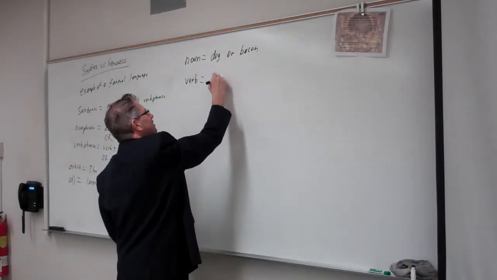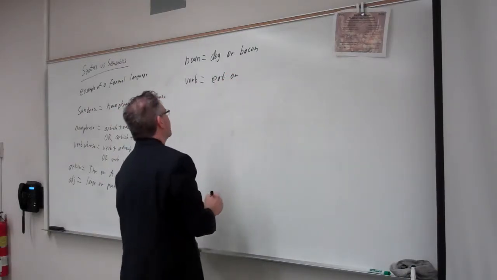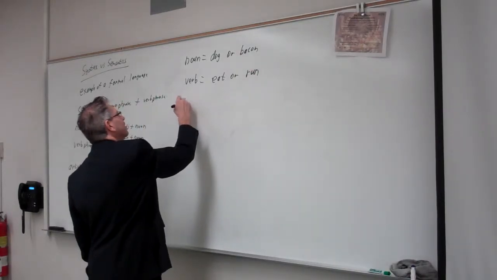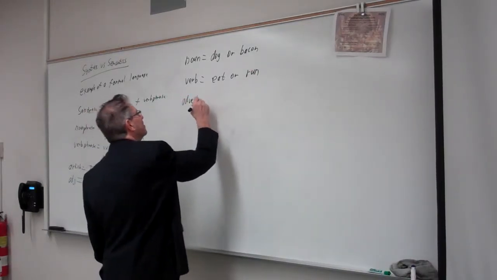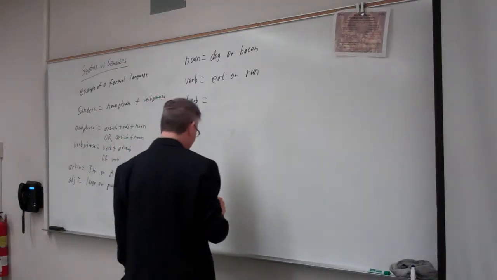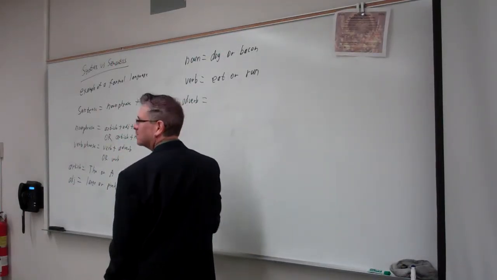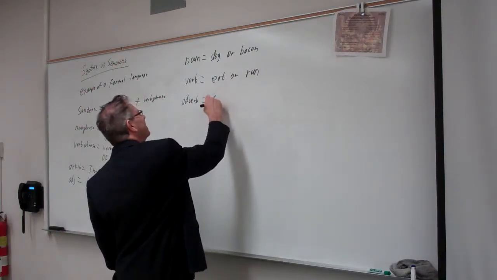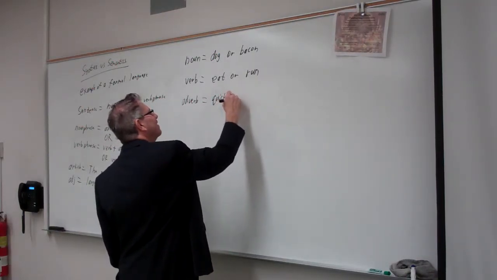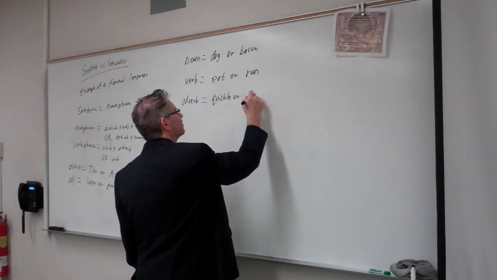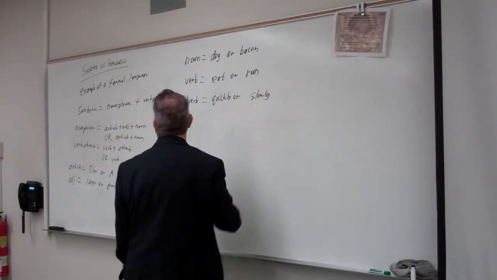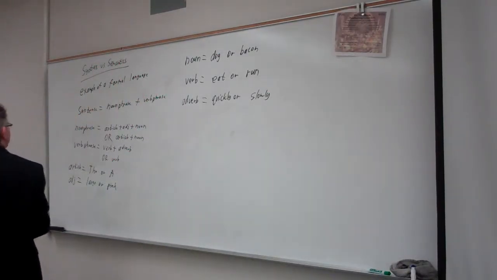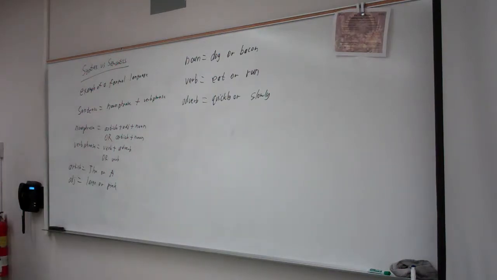A verb is eat or, I don't know, give me a verb, run. Could do bark. An adverb, give me two adverbs. Computer science majors, not English. Quickly. Or slowly. And we've got a formal definition of what a sentence is.